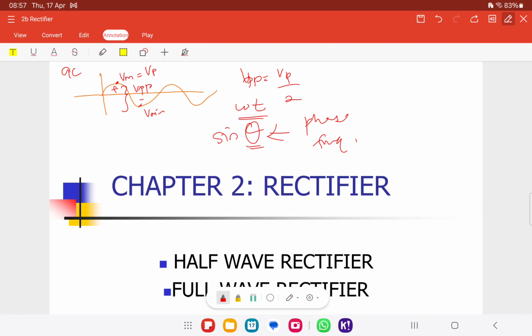So for the AC signals, apart from the amplitude, we must also have the information for the frequency. So in AC signals there are many pieces of information that we must have.